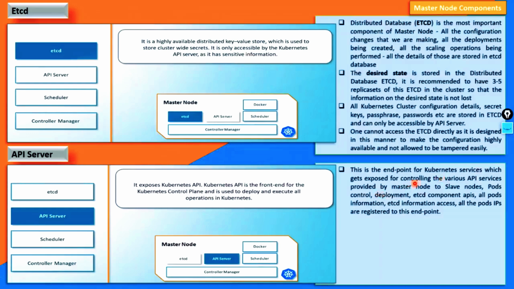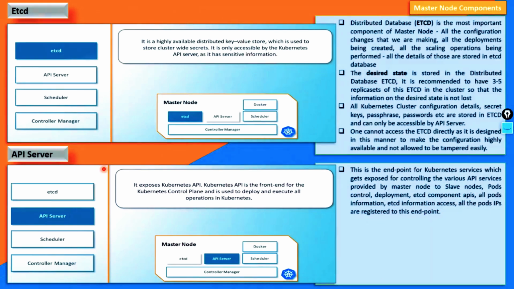So this is the endpoint of Kubernetes services which gets exposed for controlling the various API services provided by the master node to slave nodes. Pods control, deployment, etcd components, APIs, all pods information, etcd information access, all the pods' IPs are registered to this endpoint.